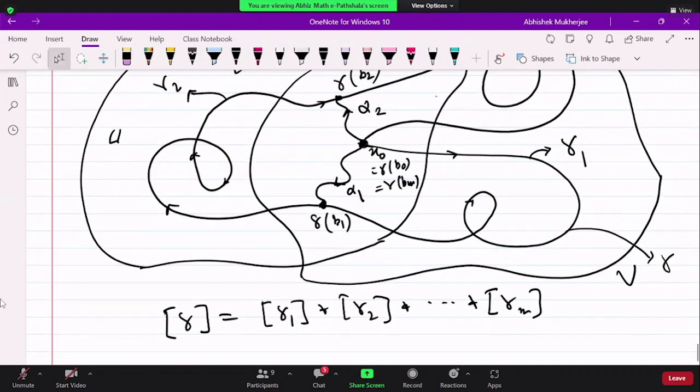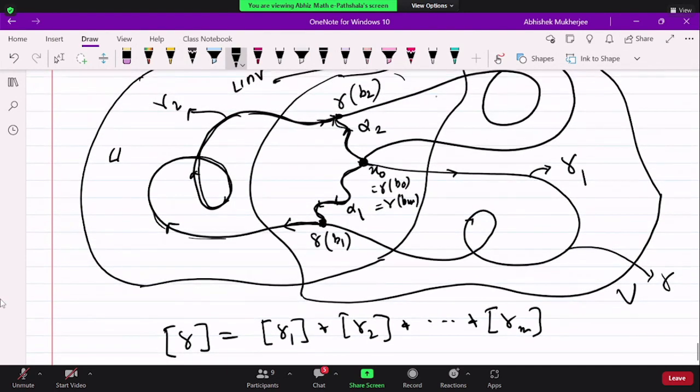Starting from here, we move around this path and come to gamma b1, and then move forward tracing the path gamma 2, and end at gamma b2. After that, from here you take the inverse path gamma 2 bar to move back to the initial point.